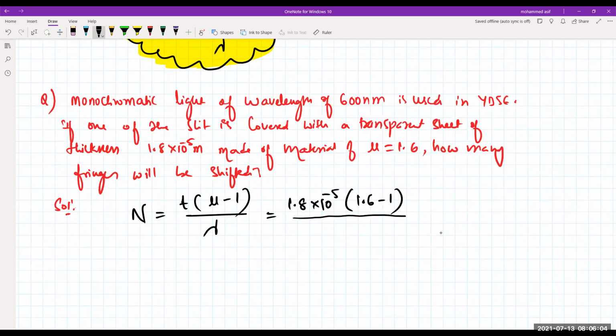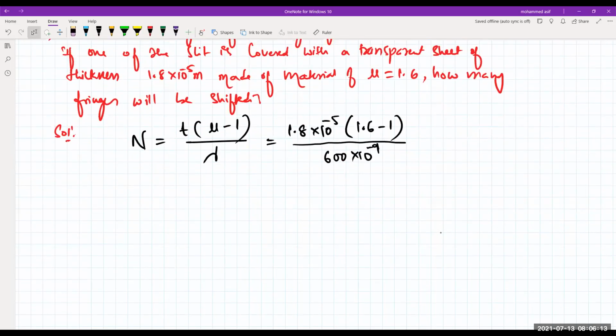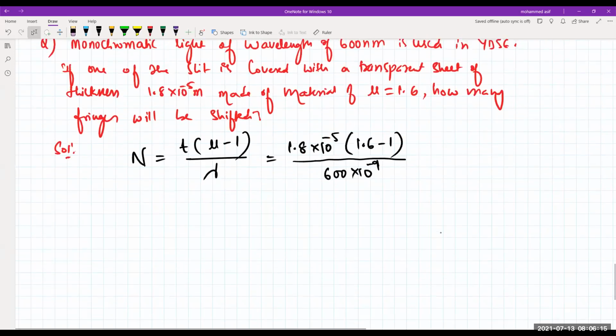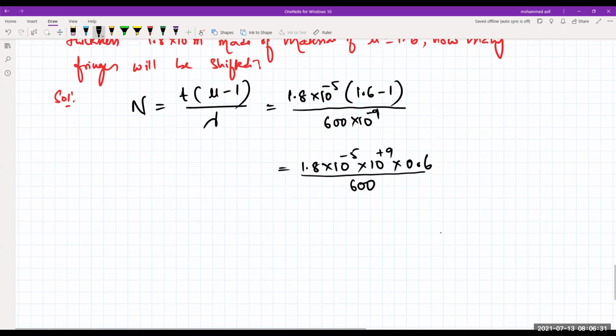Wavelength is 600 nanometer, that means 600 into 10 to the power of minus 9. Just simplify this and see how much I'm getting. 1.6 minus 1 is 0.6, so this is 1.8 into 10 to the power of minus 5 into 10 to the power of plus 9 into 0.6 divided by 600.